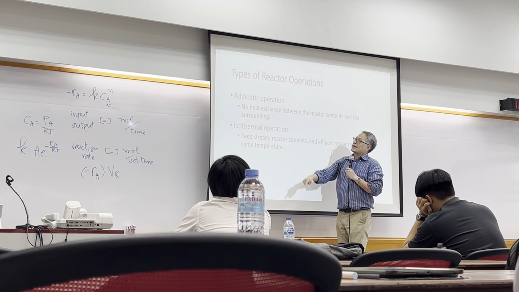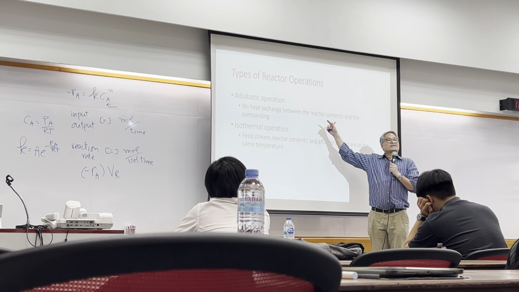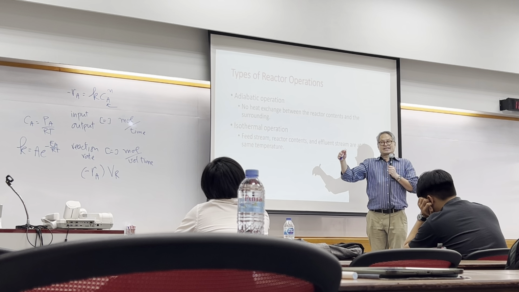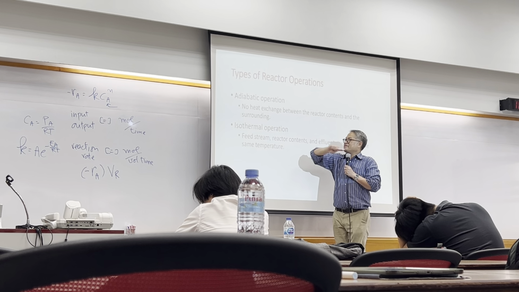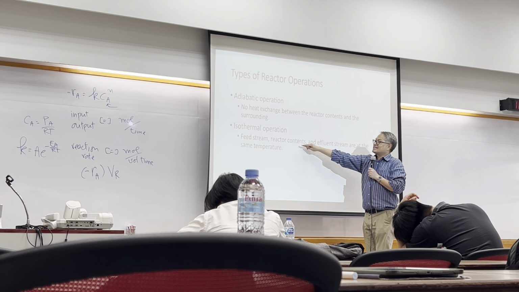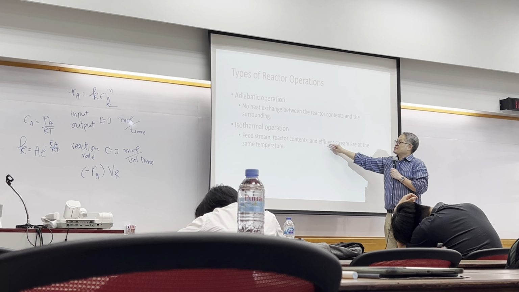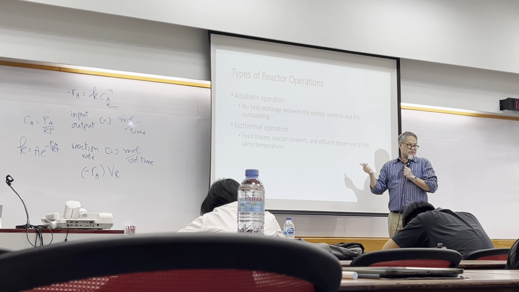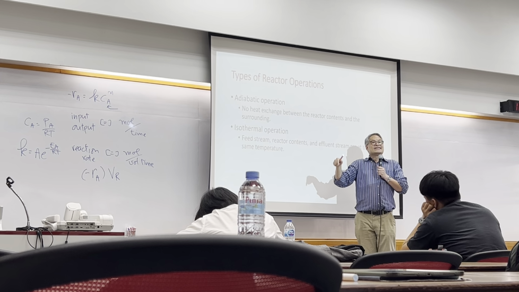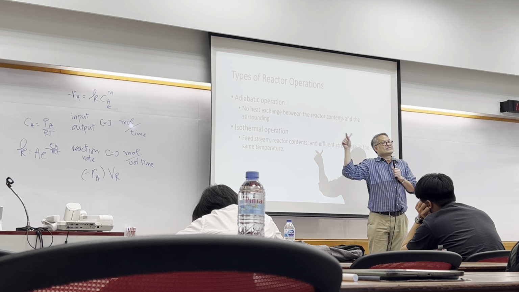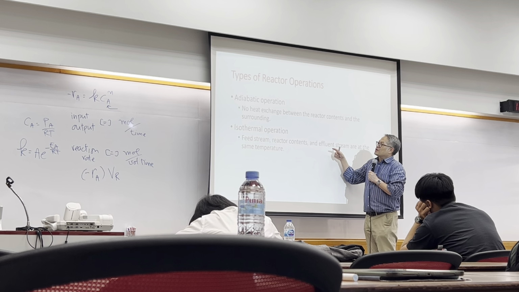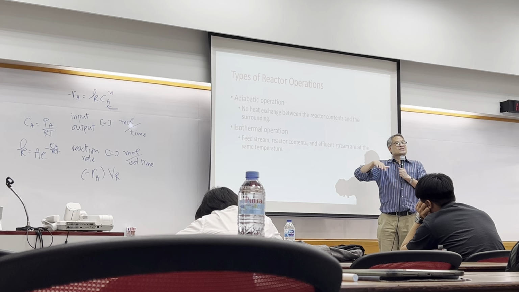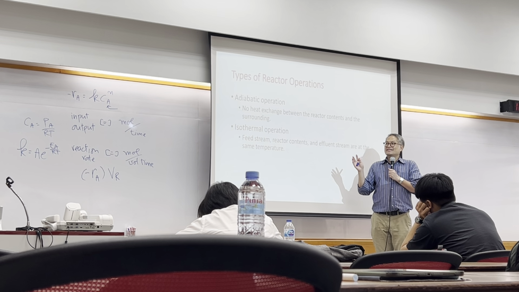For isothermal operation, we keep the temperature constant, okay? That means the feed stream, the reactor contents inside the reactor, and the effluent, which is stuff coming out, have the same temperature, right? Inlet, inside, and outlet, same temperature, okay? So we need some kind of heat transfer for this operation.